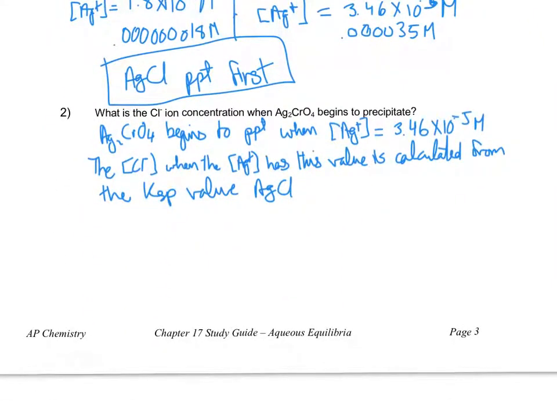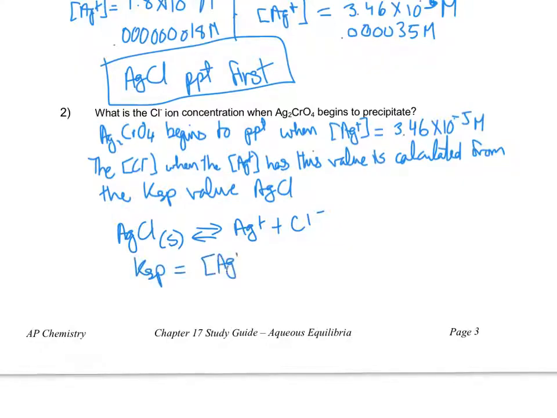So I'm going to write down my expression for the AgCl. So the AgCl solid partially dissociates into Ag plus and Cl minus. My Ksp expression again is the concentration of the Ag plus times the concentration of the Cl minus. And my value for the Ksp is 1.8 times 10 to the negative 10th.